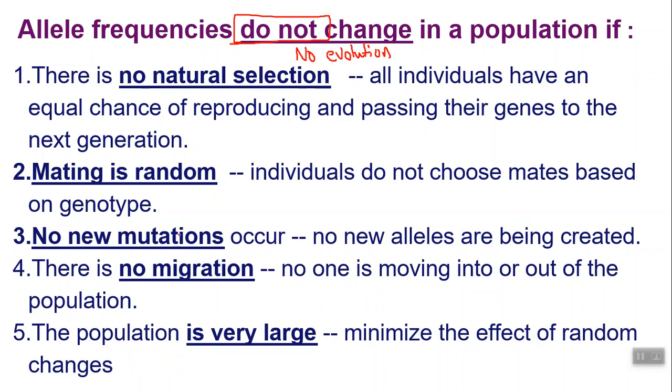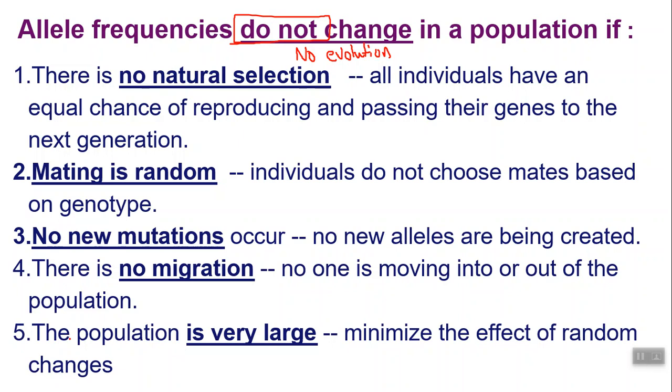And if you're looking at this set of criteria and you're like, this is impossible to meet, there's no way in nature all 5 of these criteria are true, you would be absolutely correct. Hardy-Weinberg equilibrium, the set of conditions that results if these 5 things are met, is not what actually happens in populations.